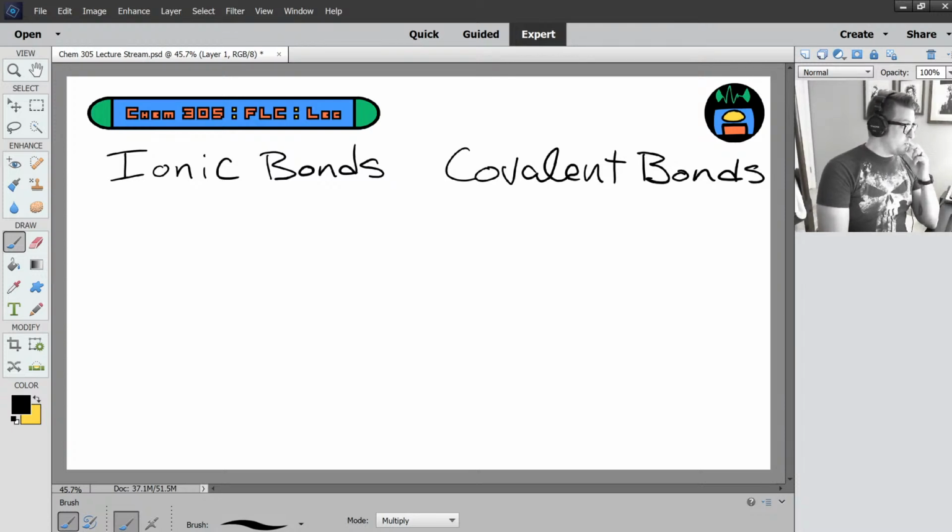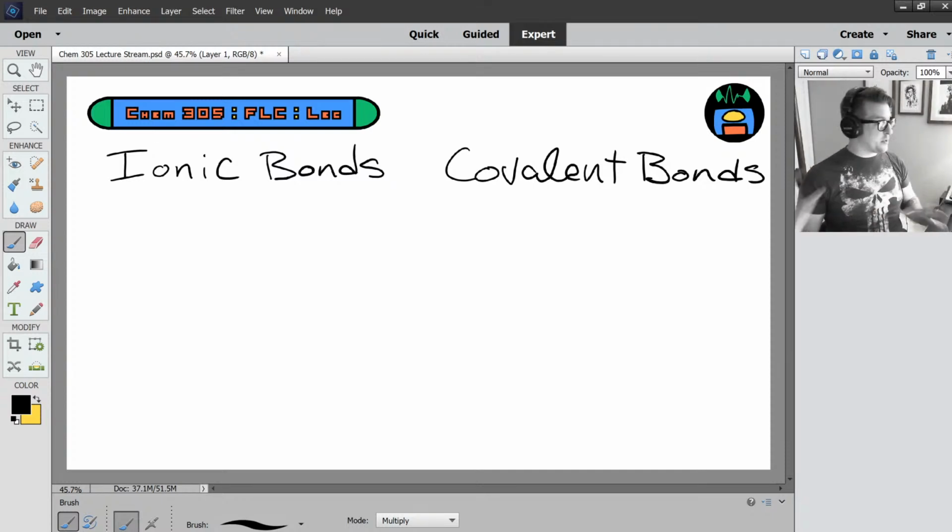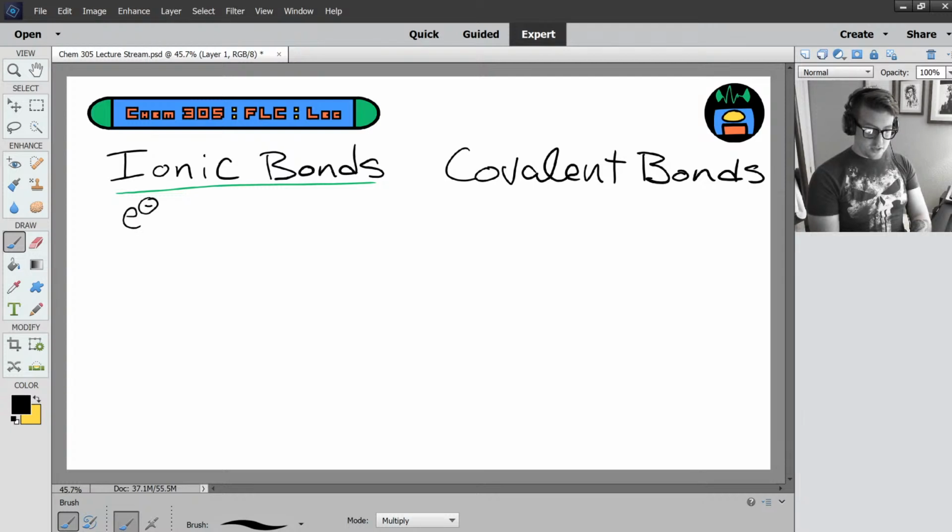All right, so we have these 2 kinds of bonds. We know we can form ionic compounds. We know we can form covalent compounds. We know that for ionic bonds, electrons are taken. The nonmetal punks the metal for its electrons.